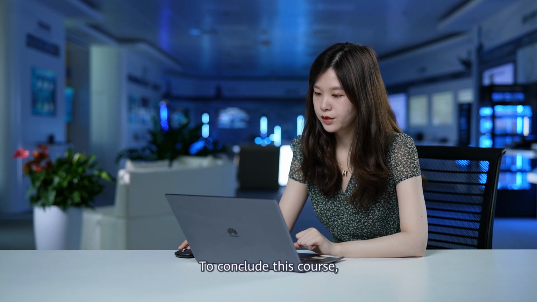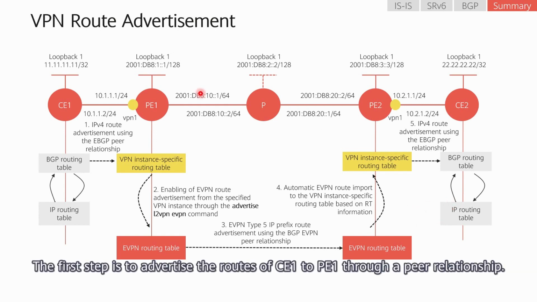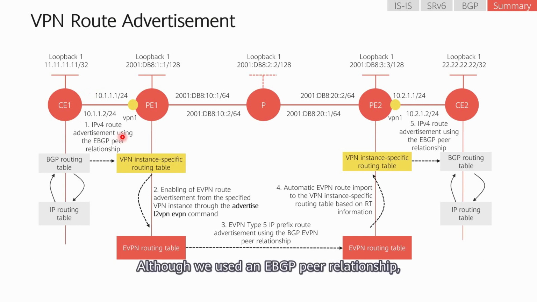To conclude this course, let's summarize what we have learned. We first talked about route advertisement, which consists of 5 steps. The first step is to advertise the routes of C1 to P1 through a peer relationship. Although we used an eBGP peer relationship, we could have also used an iBGP or IGP peer relationship.